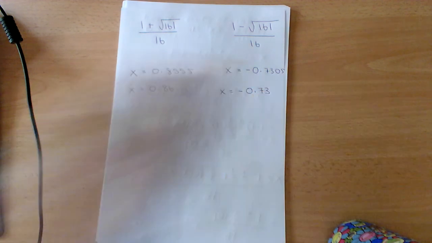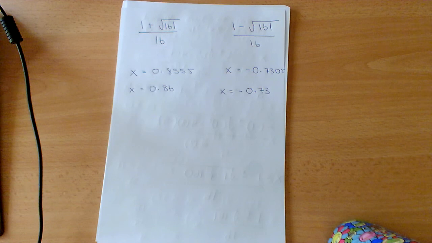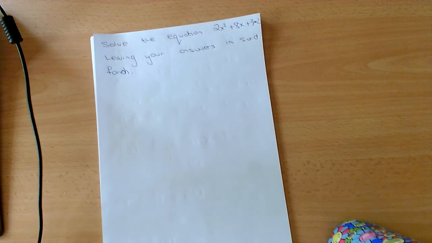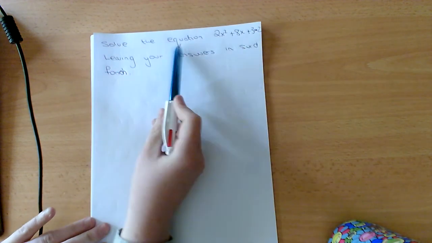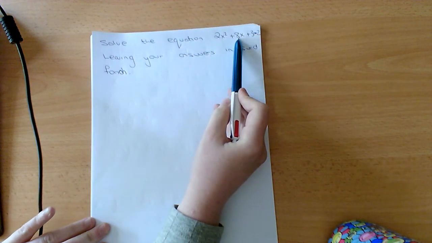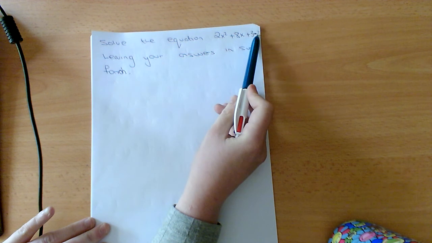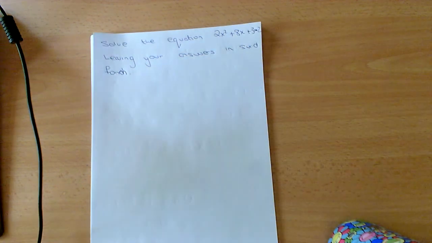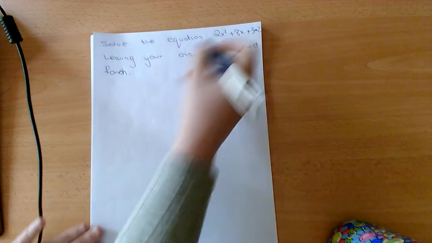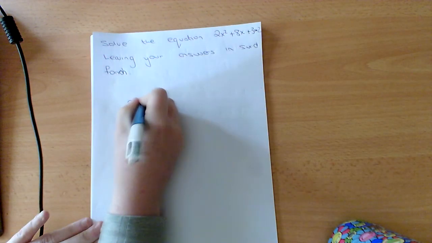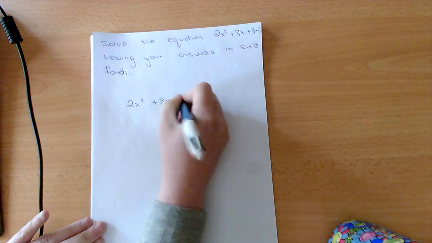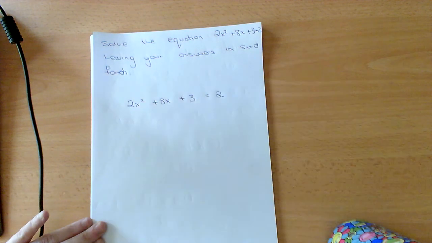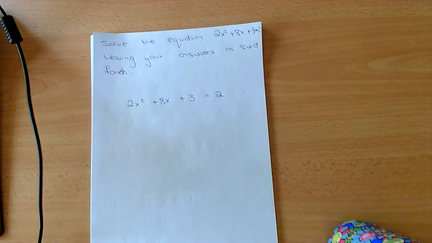The last example I'm going to go through is solve the equation 2x squared plus 8x plus 3 is equal to 2, leaving your answer in surd form. Surd form, that's your hint straight away that you need to use your quadratic formula. First of all, it is not actually in the correct format, so I need to put it in the correct format.